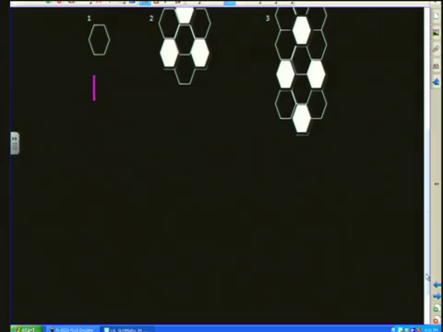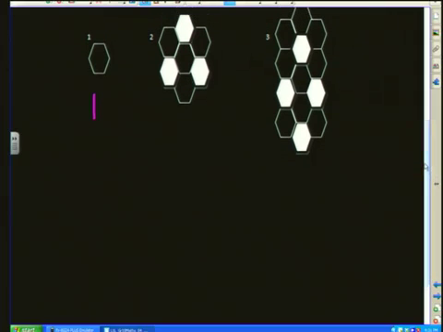In the second one, we count the little hexagons: 1, 2, 3, 4, 5, 6, 7. We've got 7. In the third pattern, this bottom bit is going to be 7 because it's the one I've just counted, then 7, 8, 9, 10, 11, 12, 13. So we've got this pattern, 1, 7, 13.